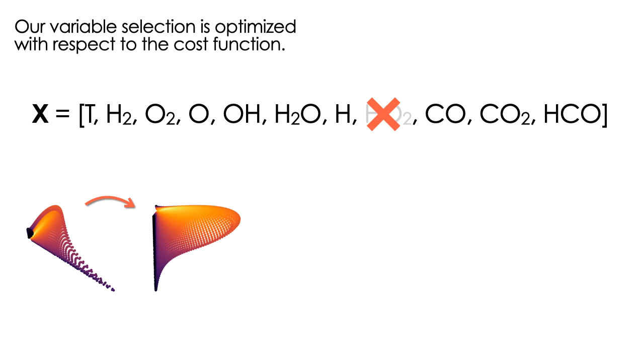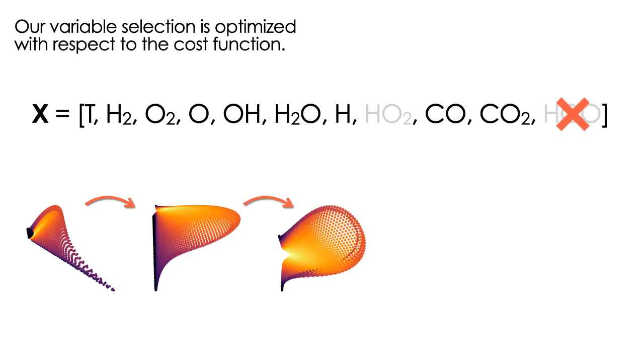So you can already see that some of that non-uniqueness has been alleviated. And the way that the algorithm selected that HO2 mass fraction was through minimizing the cost function. So for that, removing that variable reduced the cost the most. And that's why it was removed. At the next iteration, it decides to remove HCO mass fraction, and this is the resulting projection. You can now see that this high temperature region is increased.